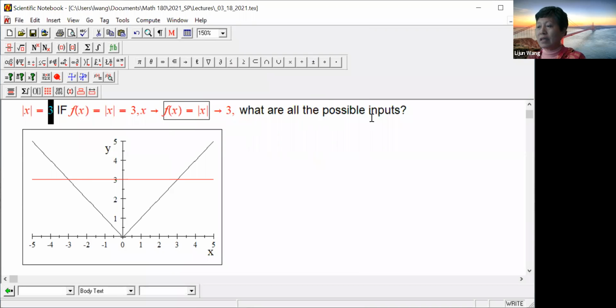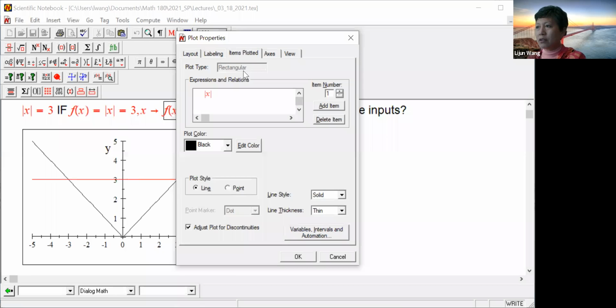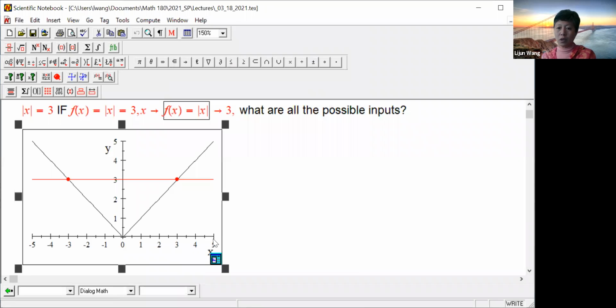We're looking for the input. So now let's mark these 2 points. Red dot, and there's another dot. These are the 2 dots.